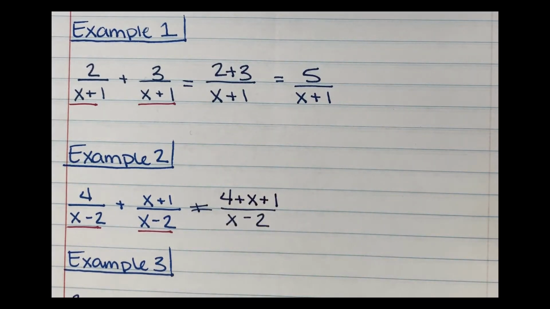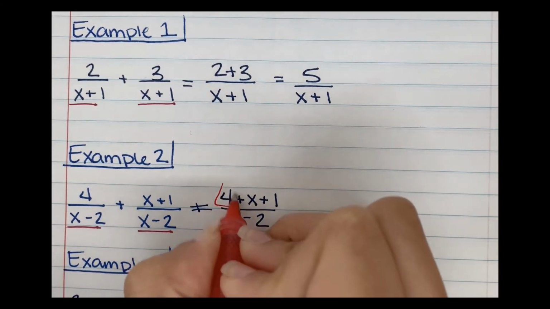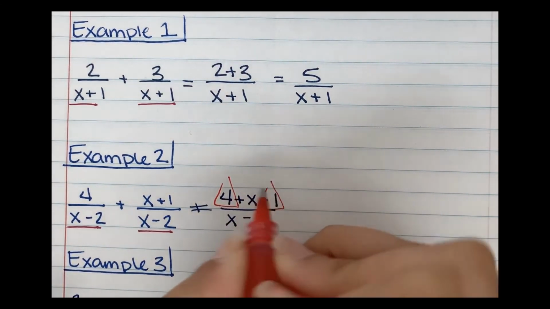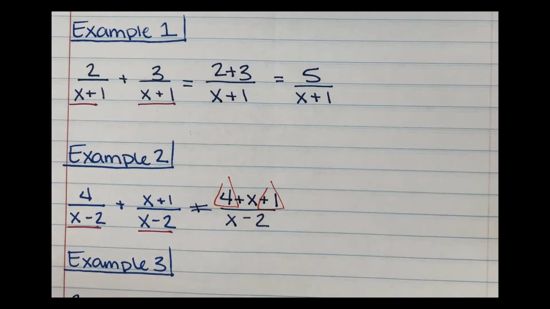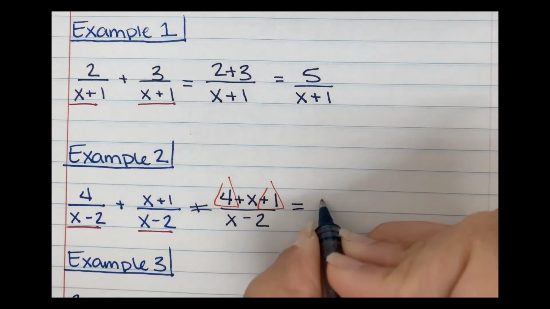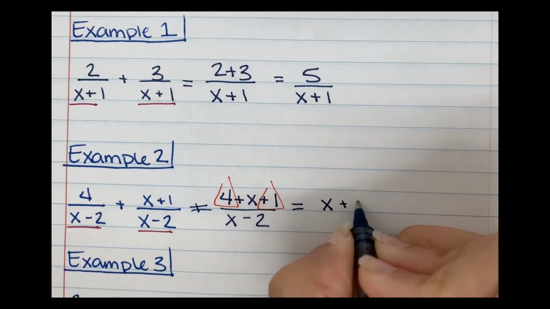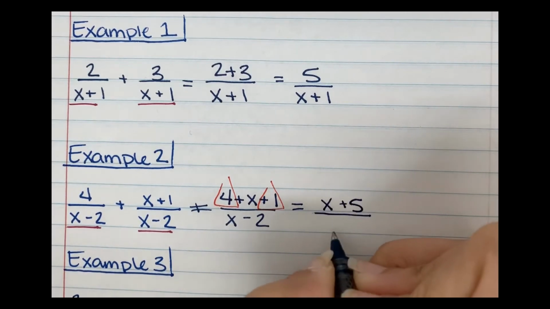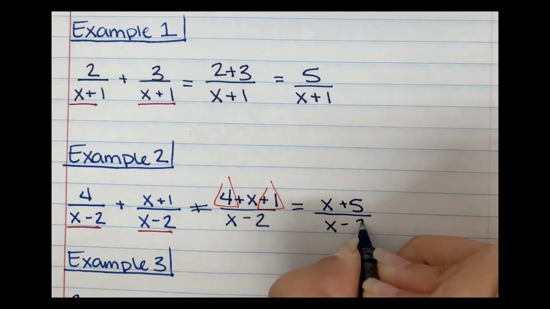Now for this one, we're not quite finished because we have some like terms that we can add together. So 4 plus 1 is 5. So our final answer will be x plus 5 over x minus 2.